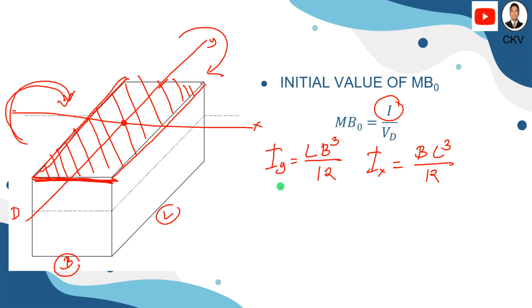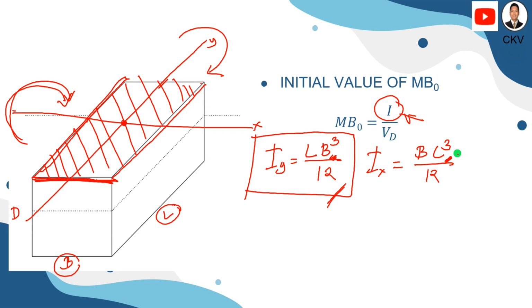So based on the solution, where this dimension L is the length, which is the longer dimension, if that value is raised to 3, it will give us a greater value for the moment of inertia compared to B when it is raised to 3. So the moment of inertia that we are going to use here is this solution. So in a rectangular prism, we will use this solution in the moment of inertia for the initial value of MBO.